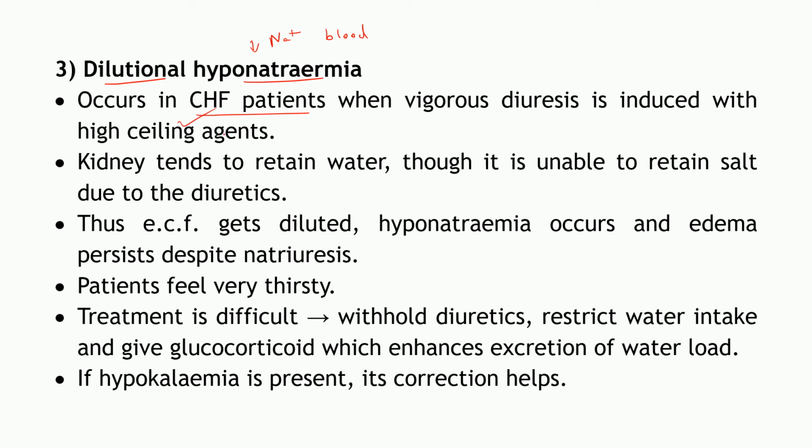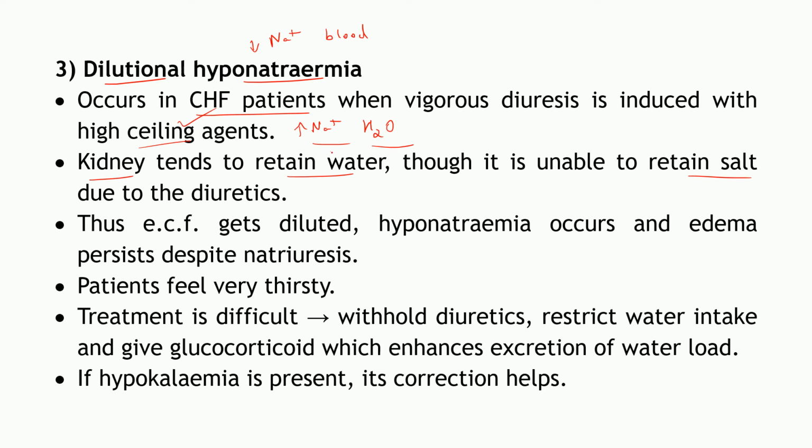No doubt this treatment will increase the sodium ions as well as water loss from the body. But as a compensatory mechanism, your kidneys will not keep quiet, right? When more and more sodium and water is getting lost, the kidney tends to retain water. But since diuretics are acting over here, the salt retention is prevented by the use of diuretics, because more and more sodium will get lost, right? Sodium and chloride will get lost.